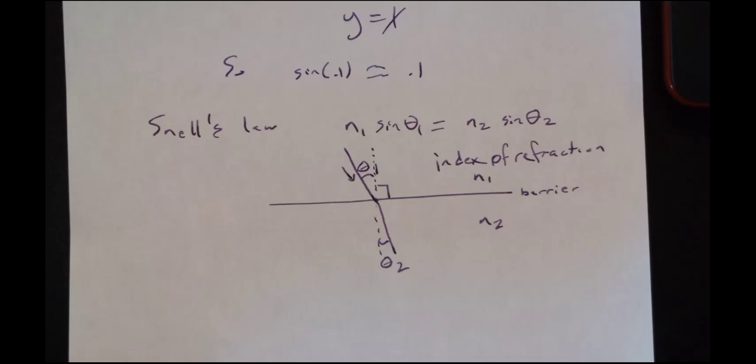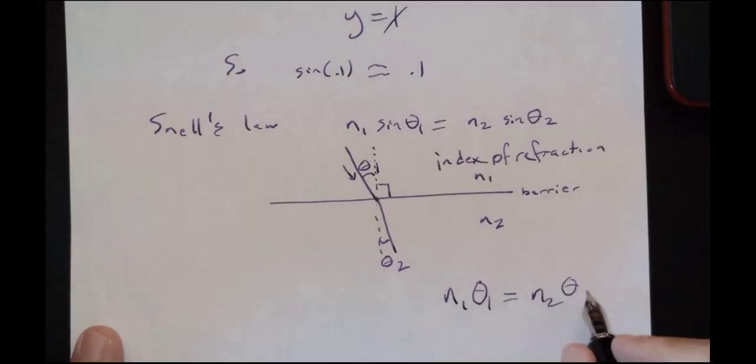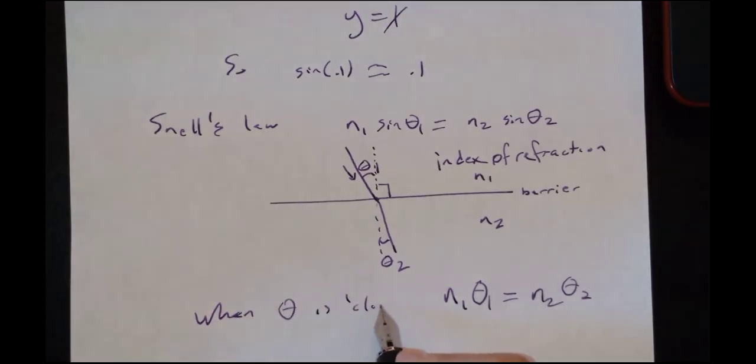As long as the angle at which I am bending it is a small angle, I can ignore the sine of theta. And I can change this to simply read n1 theta 1 equals n2 theta 2 when theta is close to 0.